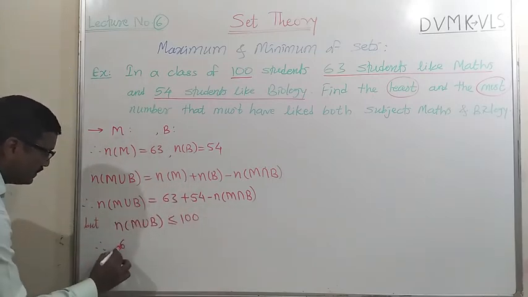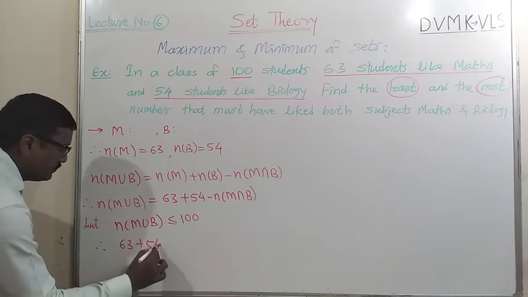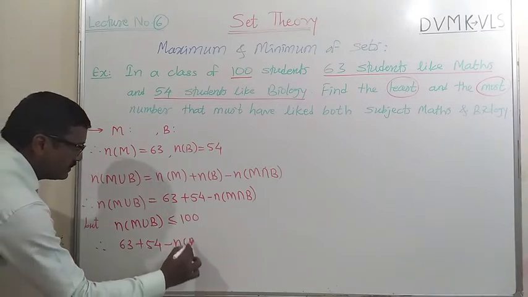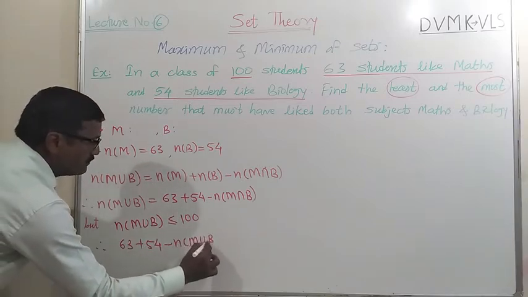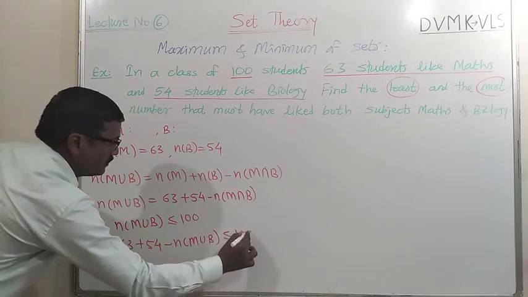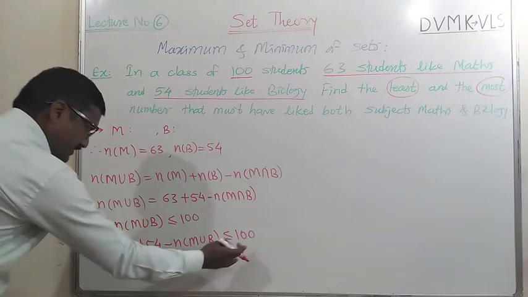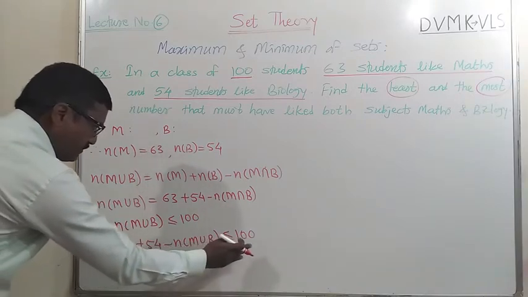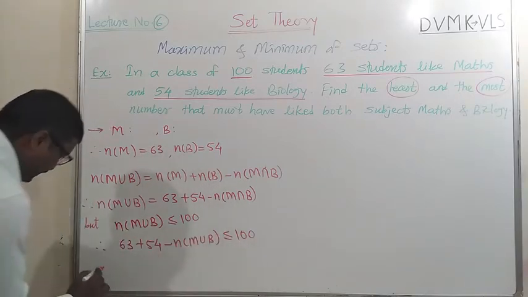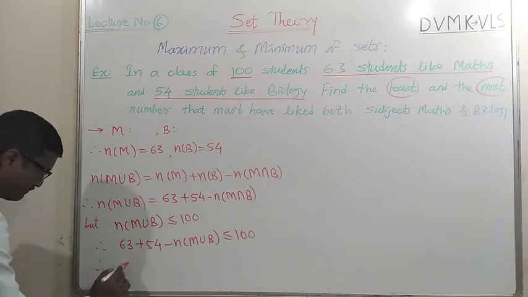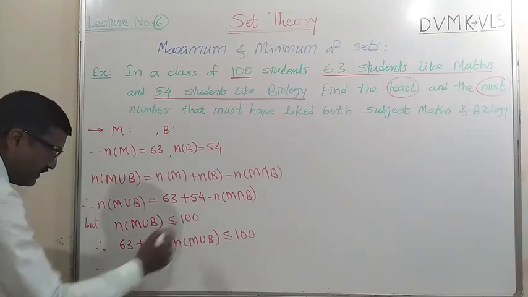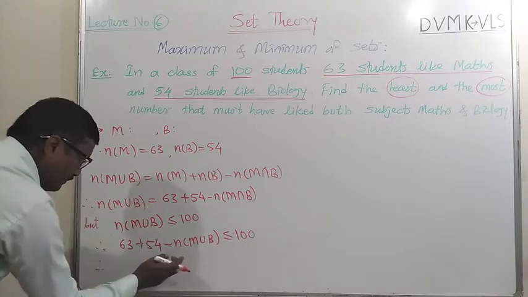Therefore, 63 plus 54 minus the number of elements in M union B is also less than or equal to 100. So take this 100 to the left and the number of elements in the union to the right. Therefore, we can write 63 plus 54, and this 100 becomes negative.